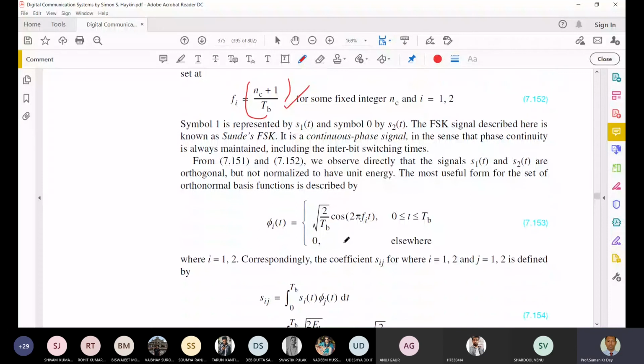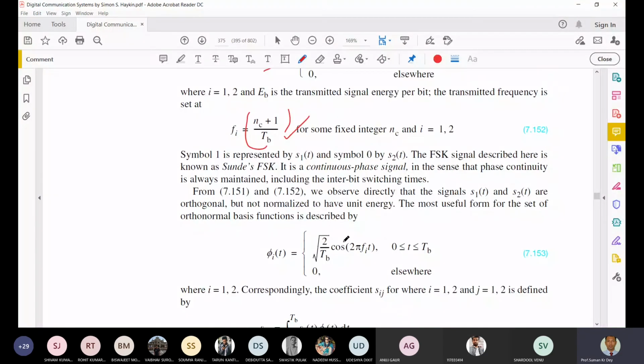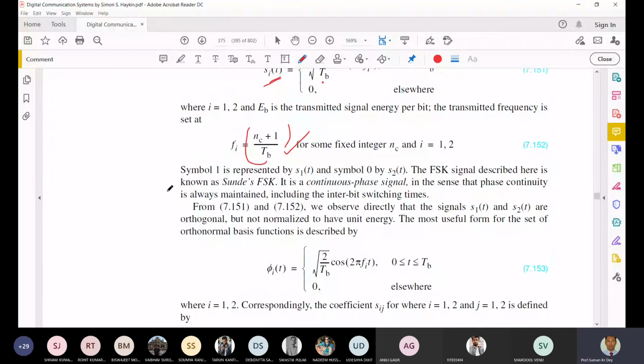Okay. So for 2 bits or 2 symbols, we can take a single orthogonal function. Only one basis function is enough to represent the 2 bits. So we take phi 1. Or if we want to take two different orthogonal functions, what will happen?